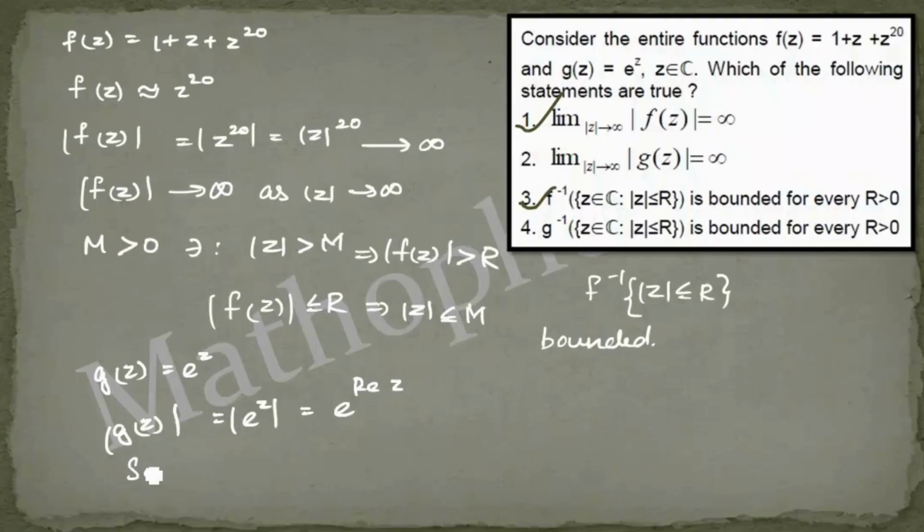So suppose z equal to iy consider பண்ணா, mod e power iy will be equal to e power 0, which is equal to 1, which does not tend to infinity. ஸோ இந்த mod depends only on real part, அதனால் it's unbounded. So option 2 and 4 are wrong. So correct option is option 1 and 3.